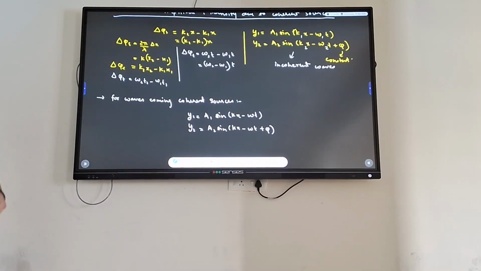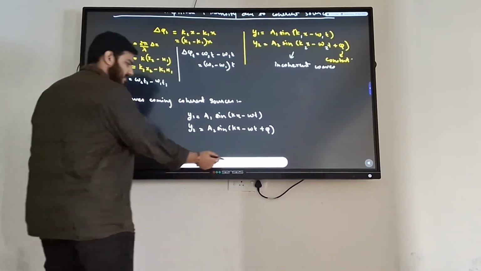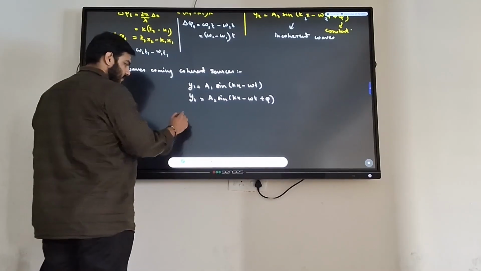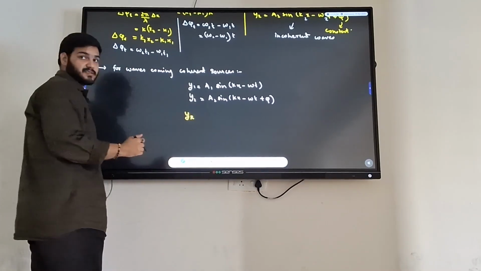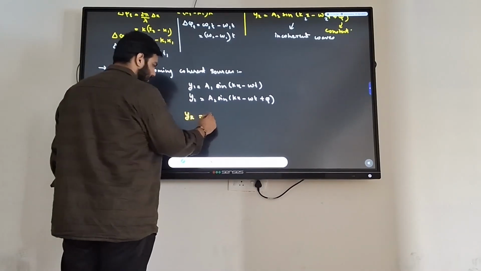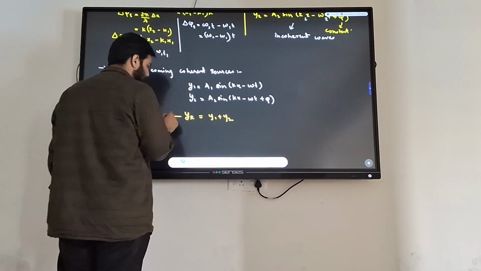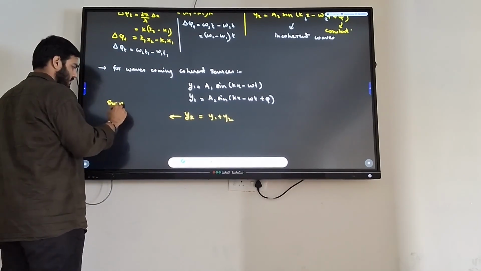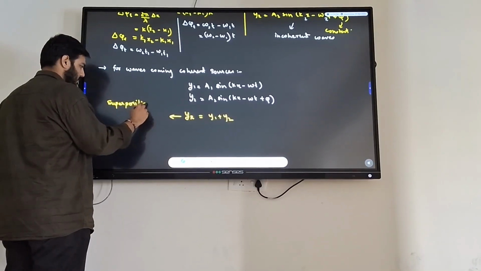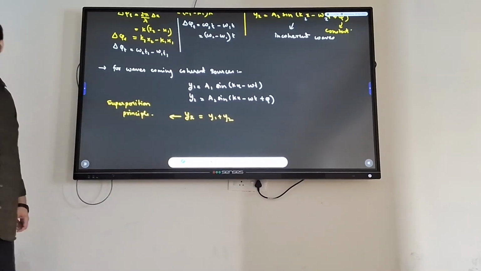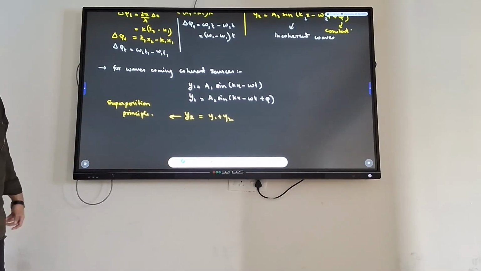Let's say they meet at a point, and now I am talking about what will be the resultant. So when they do meet at a point, then what will yr be given as? y1 plus y2. That's just the superposition principle. Now please try to keep up. I will go into a very long derivation.